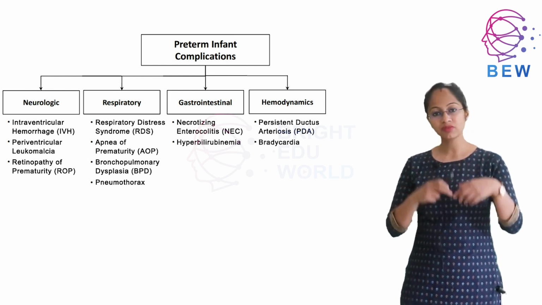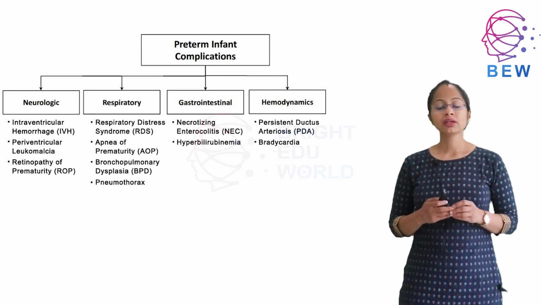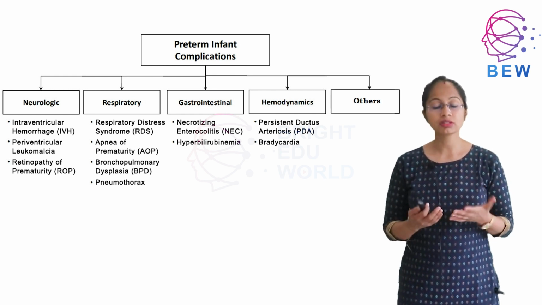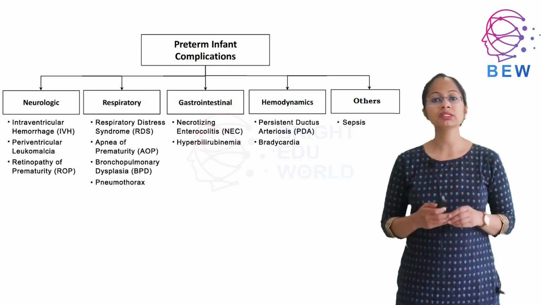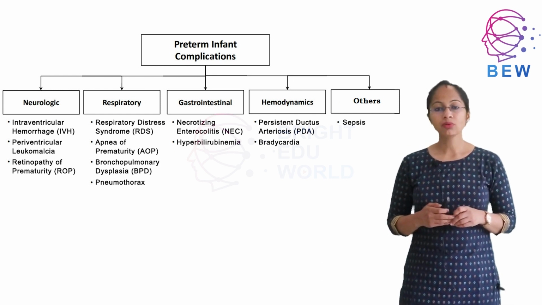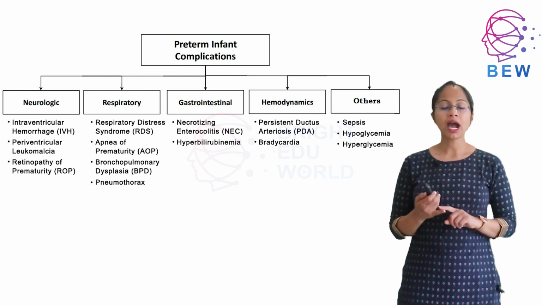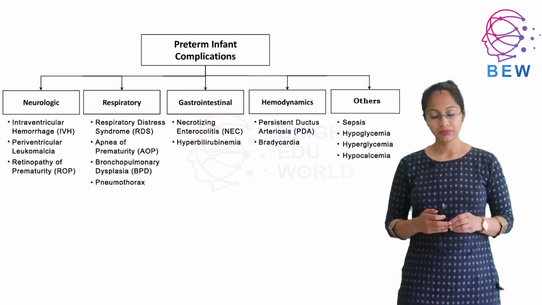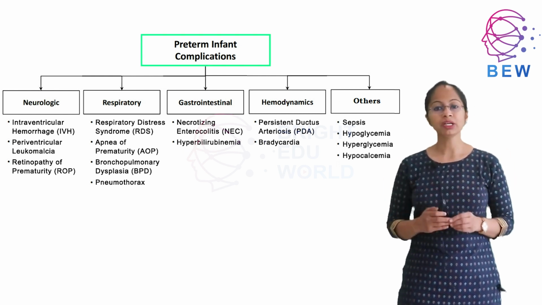Then they catch the infections more, sepsis is more commonly seen in the preterm babies. Okay, then hypoglycemia, hyperglycemia, hypocalcemia, these are more commonly seen in the preterm babies. Okay, so these are some important problems that are associated with the preterm birth.